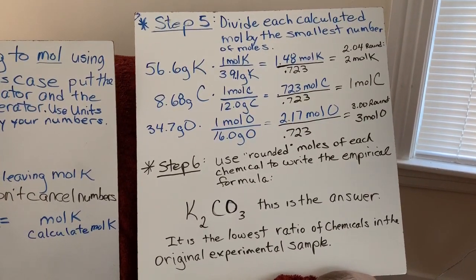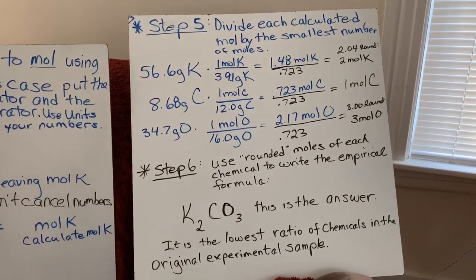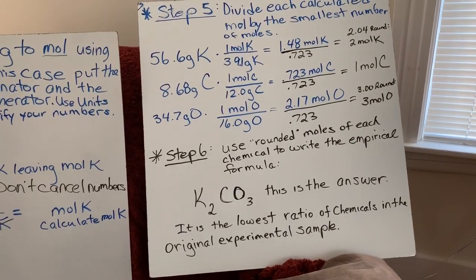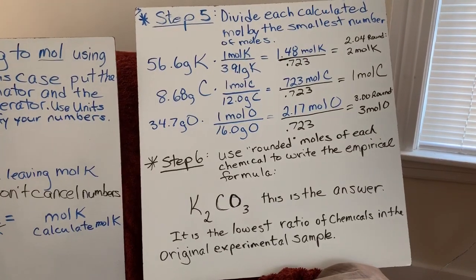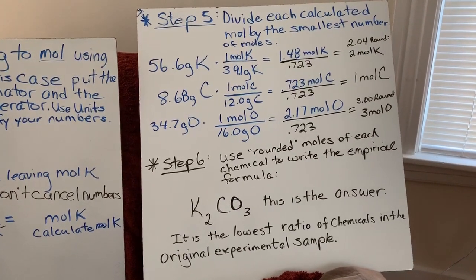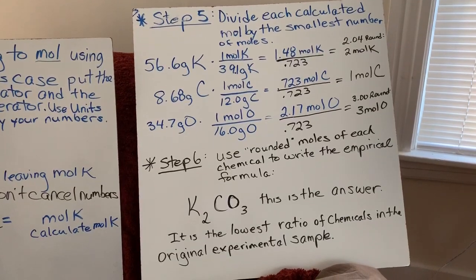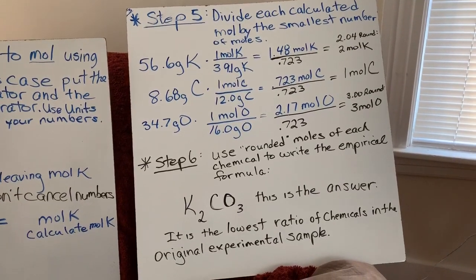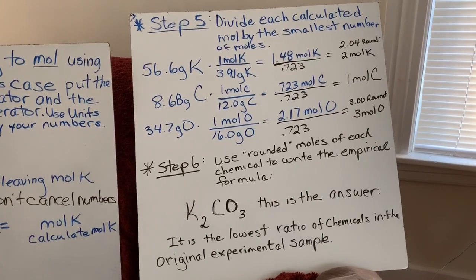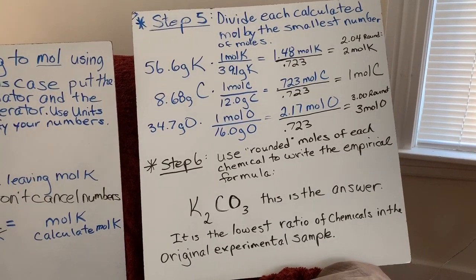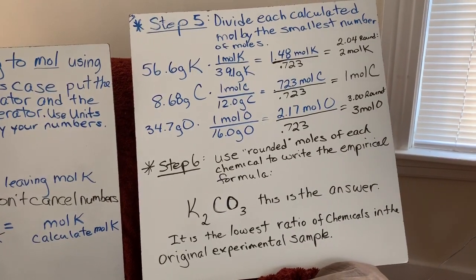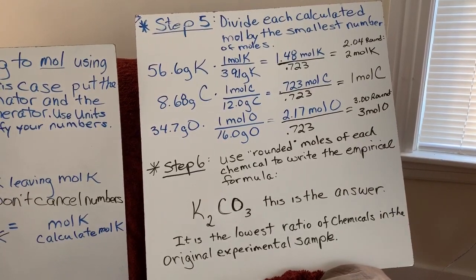So when I'm dividing by the smallest number of moles, which was carbon's, 1.48 moles of potassium divided by 0.723 equals 2.04. Now we need to round that number to the whole amount of moles that I would have. So the rounded number is 2 moles of potassium.